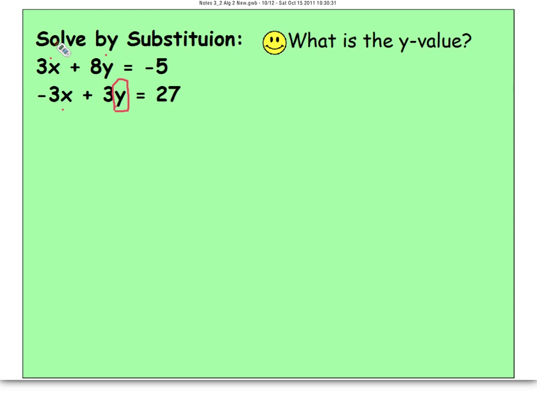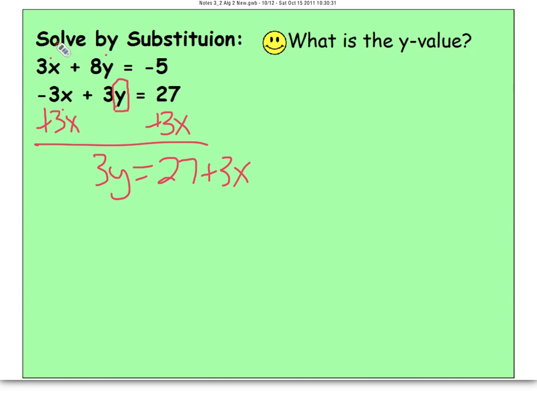So to do that, I'm going to first add the 3x to both sides. Leaves me with 3y equals 27 plus 3x. Okay. Now we'll get rid of the little 3, so that gets divided there, there, and there, which will leave me with y equals 9 plus x.